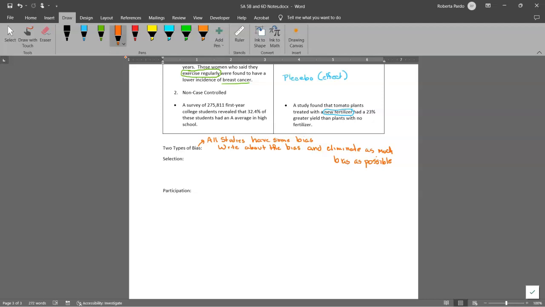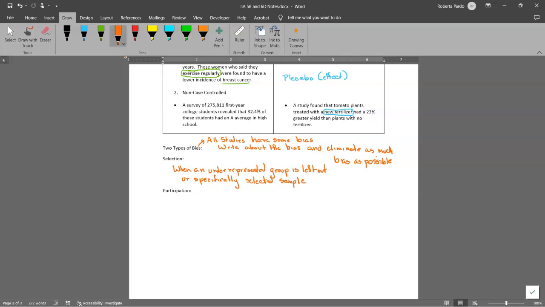So selection bias is generally when an underrepresented group is left out, or specifically sampling a certain selection, a specifically selected sample.